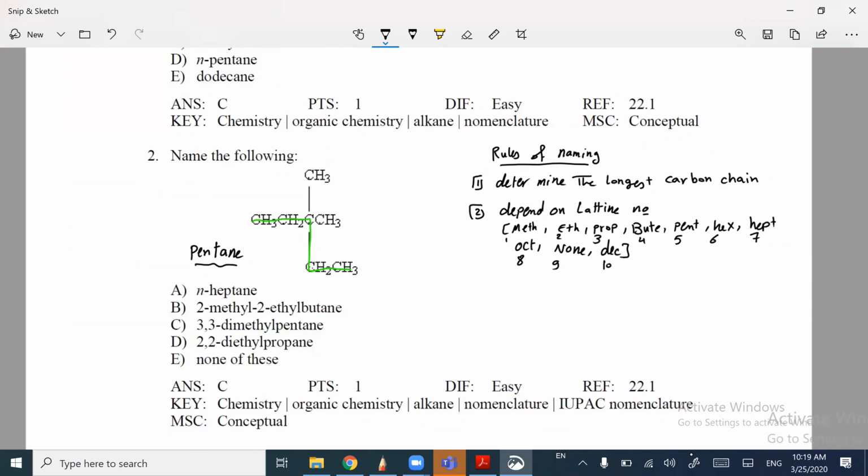From where can we determine that it is single? CnH2n+2. This is the rule for alkanes, which determines that all the bonds between the carbons are single. So we add the suffix -ane in the case of a single bond.